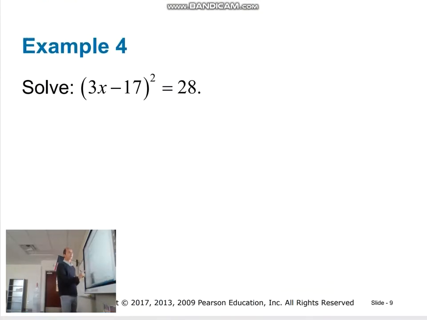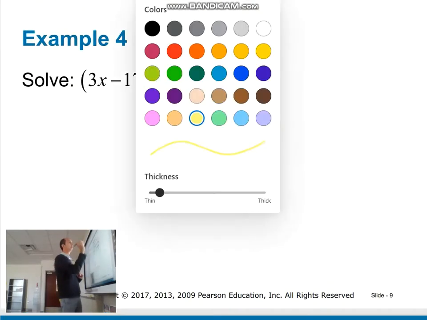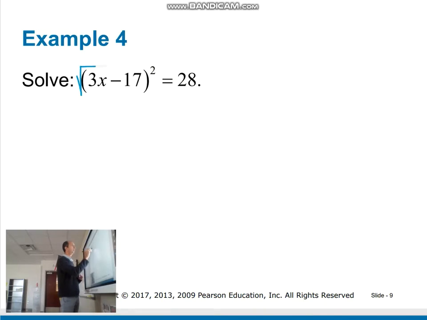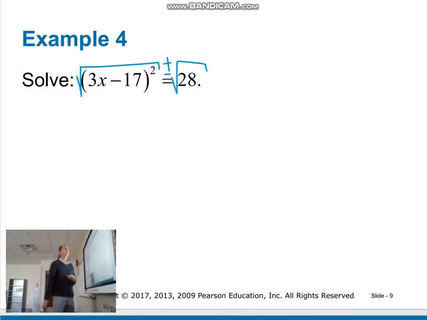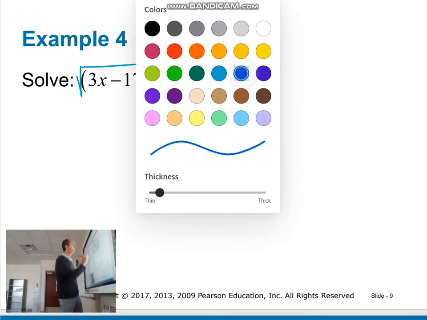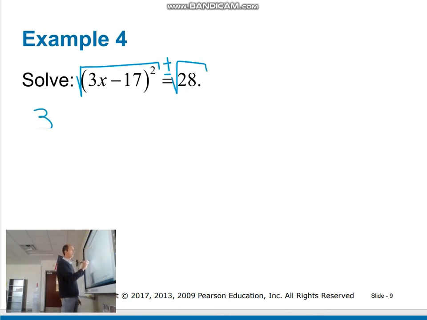Another example, also applying square root, and also remember that you can have a positive or negative square root as a result. So simplify, and then you have 3x minus 17 equals positive or negative square root of 28.